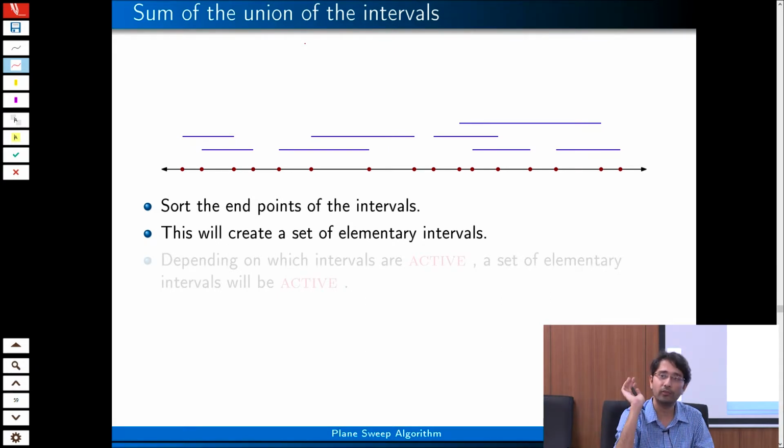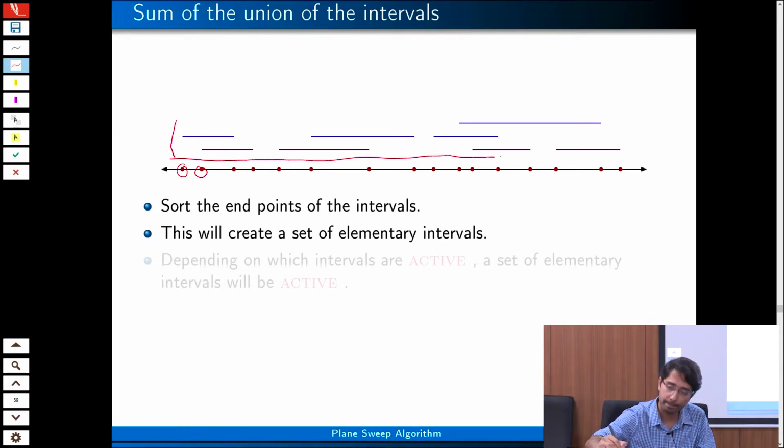It is a collection of endpoints. So, these are the endpoints of the intervals. Now, we have endpoints. Now, forget about all the intervals. Forget about everything above this line.